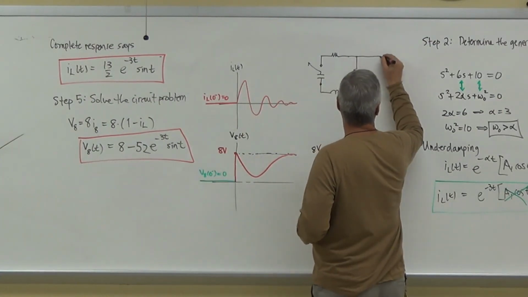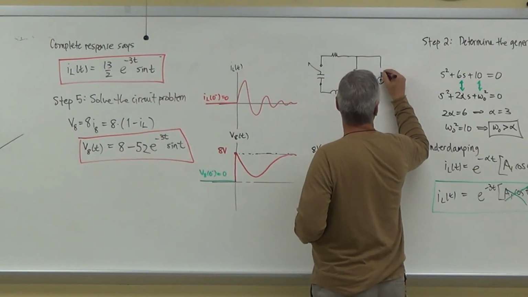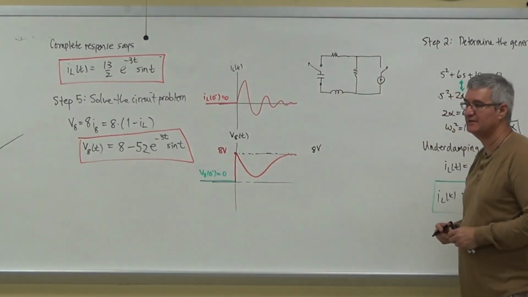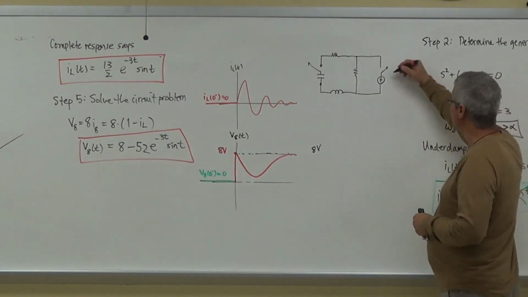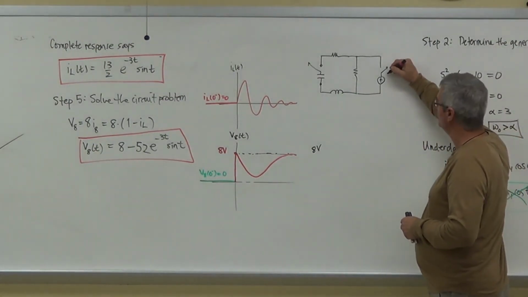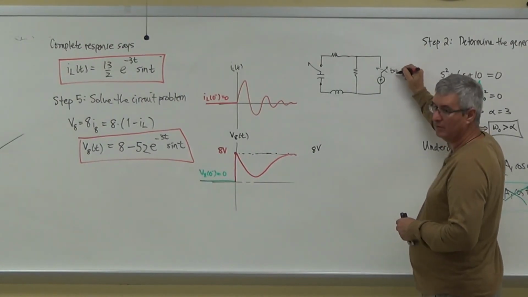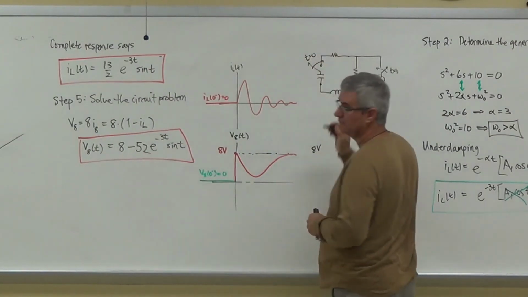And then here I have a current source, but I can't really have a switch for a current source because how do I stop current from flowing, right? So essentially I'm turning this guy on at t equal to 0, and then I'm closing this guy at t equal to 0.